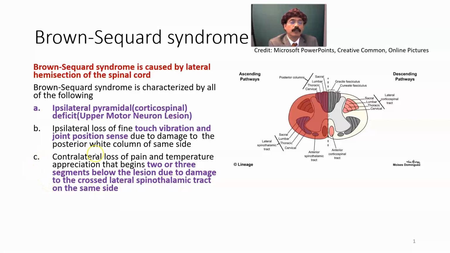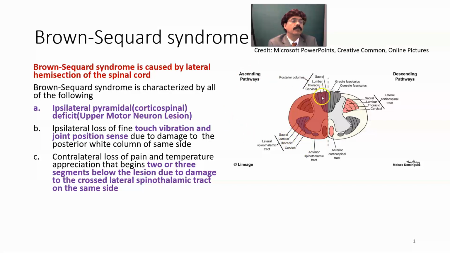Our descending fibers like this corticospinal tract cross at the level of the lower part of the medulla oblongata. Our spinothalamic tract crosses at the level of the spinal cord, and they cross obliquely, so they may go 2-3 levels of spinal cord above in crossing.